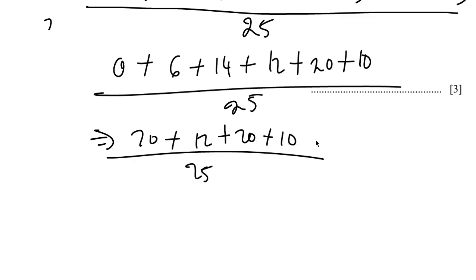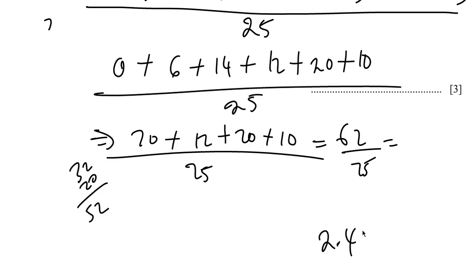So 20 plus 20 is 40, 40 plus 10 is 50, 50 plus 12 is 62, then divided by 25. So 62 divided by 25 is going to be 2.48.